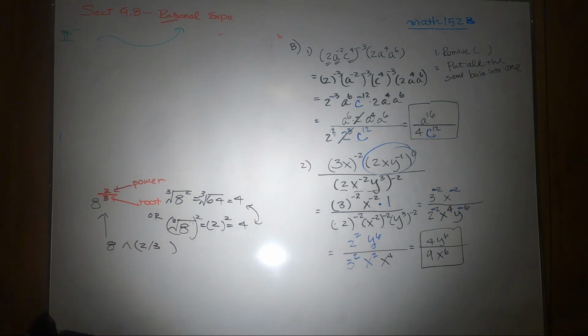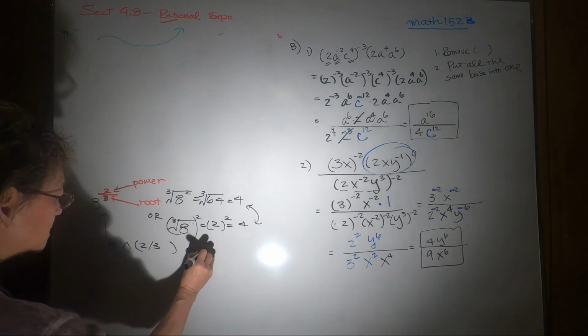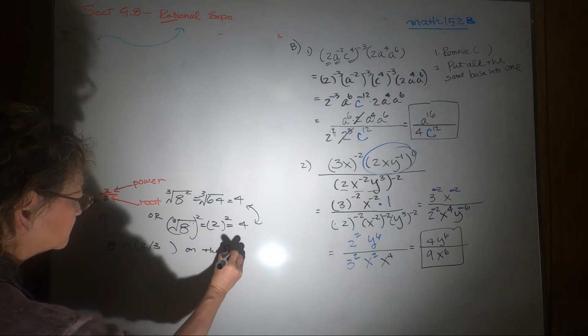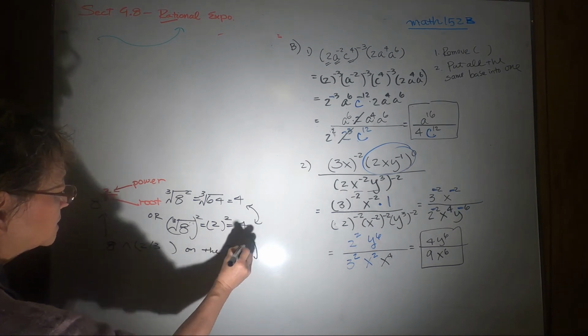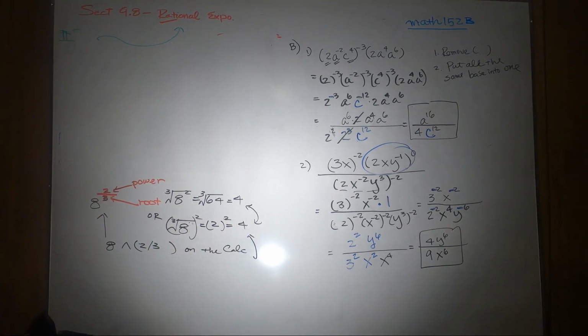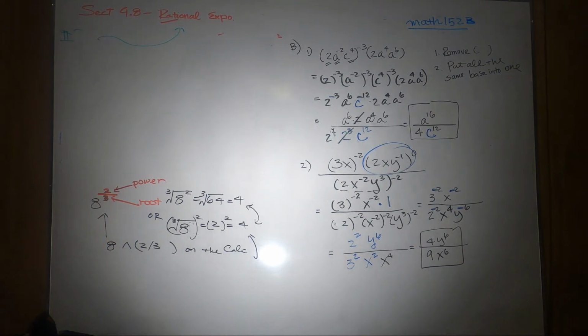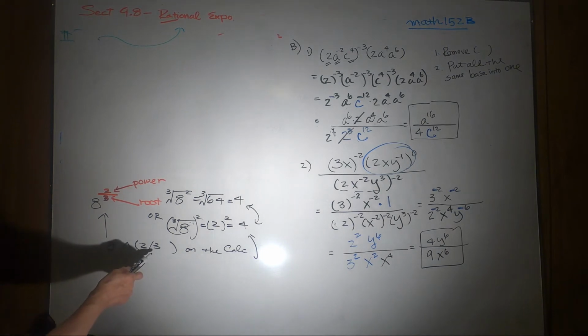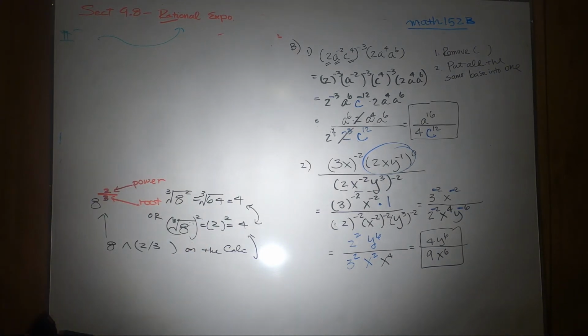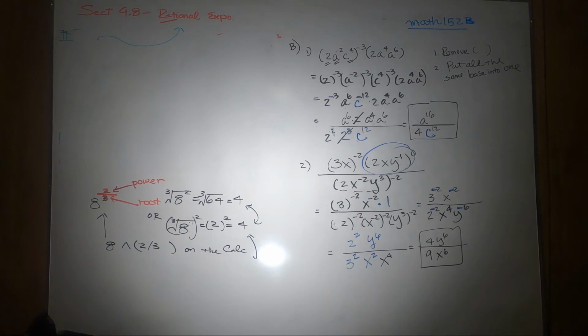Do that on the calculator. You should get the same answer. Make sure you practice that, because when we go to calculus, we expect you know how to do it. Okay? When you put 8 to the 2/3 power, you should get a 4.